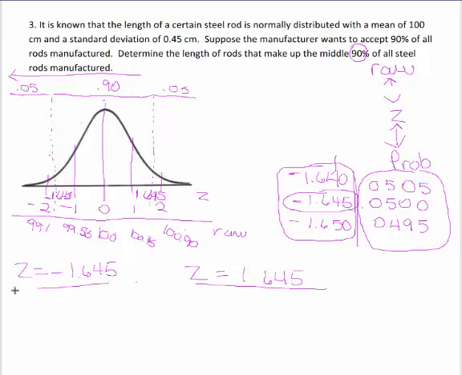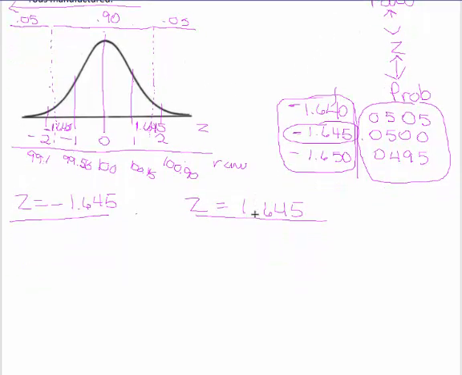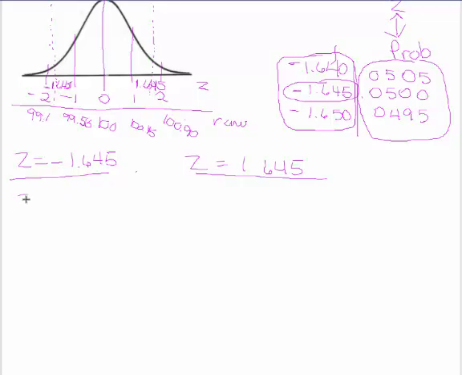So now go back up here and look at our pathway. We're kind of hanging here in limbo land. So we need to change our z-score into raw, which we did on the last problem. So using our formula, z equals test minus the mean divided by standard deviation.